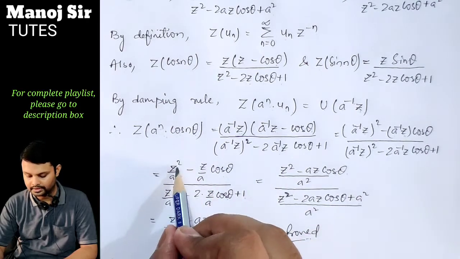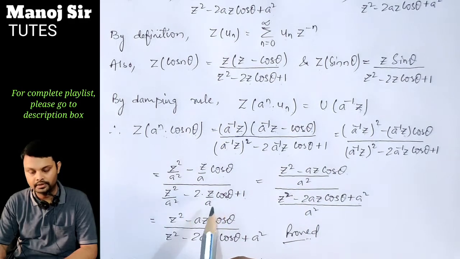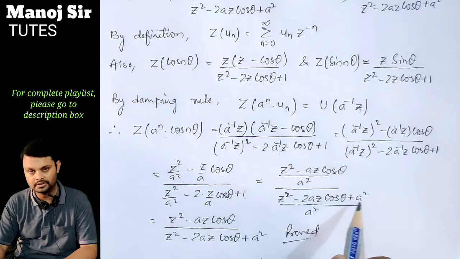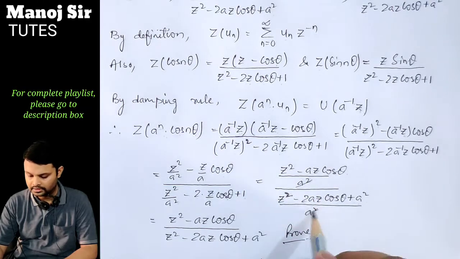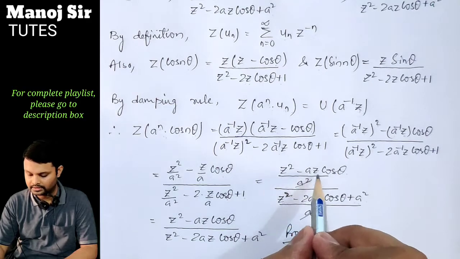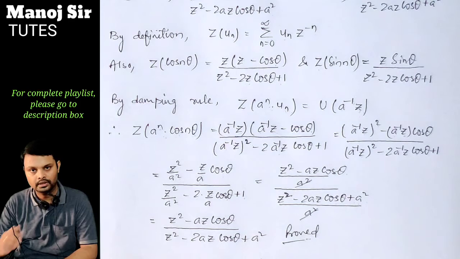So this is going to be Z square minus a into Z cos theta upon a square, and here again we will take a square as LCM, that is Z square minus 2aZ cos theta plus a square. Here you can see a square gets cancelled. Then what is left is Z square minus aZ cos theta upon Z square minus 2aZ cos theta plus a square. Okay, so we can say the fifth part is also proved.